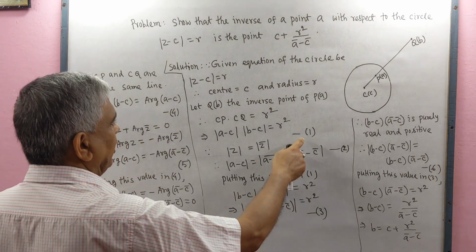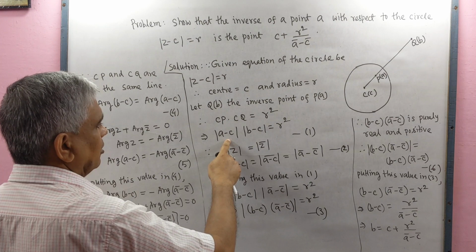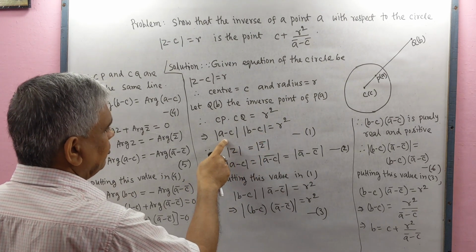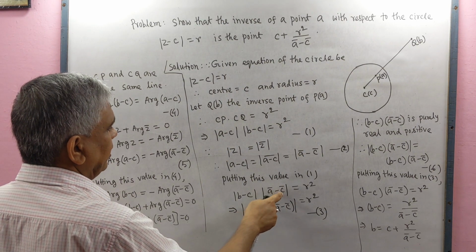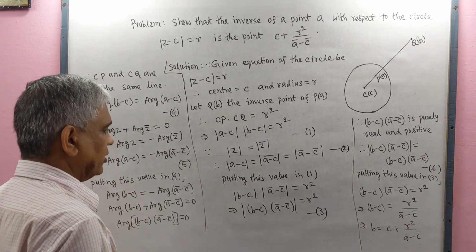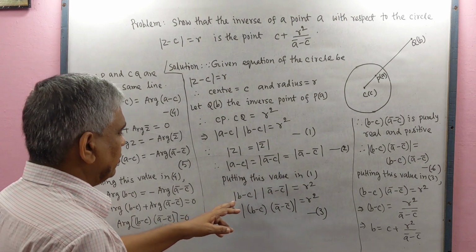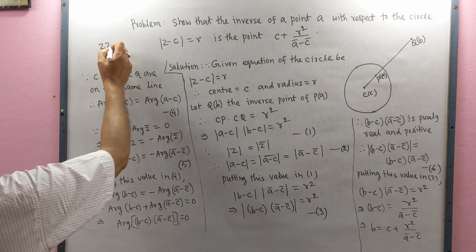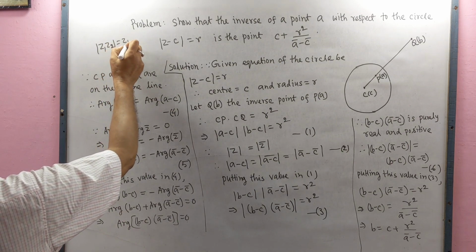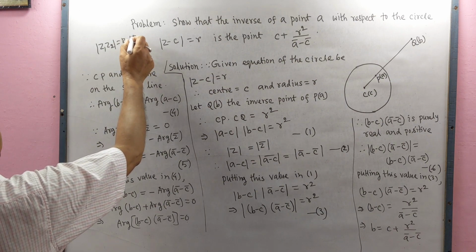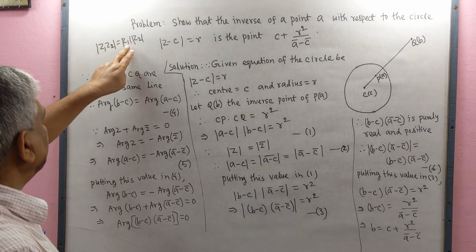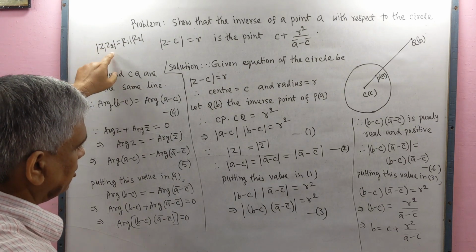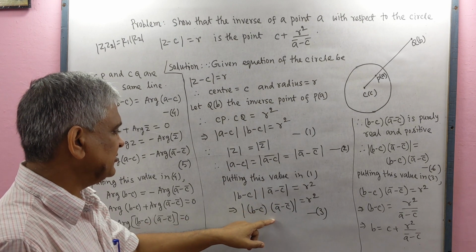Putting this value in 1, we write modulus of B minus C and modulus of A bar minus C bar equal to R square. We know that modulus of Z1 Z2 equals modulus Z1 times modulus Z2, the modulus of the multiplication of both. Here we take this.